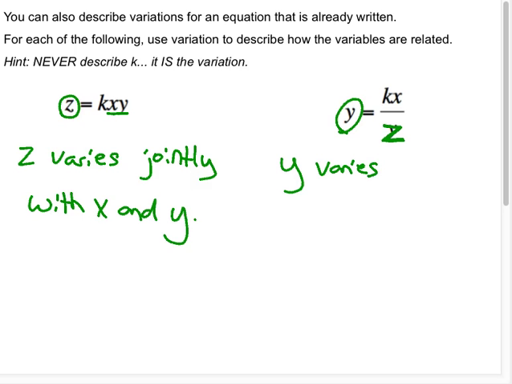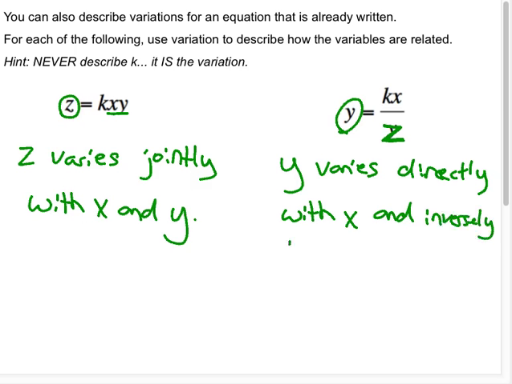Now X is up top with a K. So it's varying directly with X. And then the Z is on the bottom. So because it's on the bottom, that's going to be inversely with Z. Okay? So everything you already know, you're just putting it into words for me.